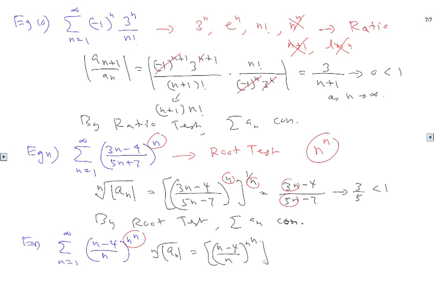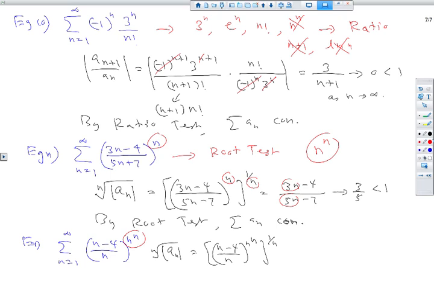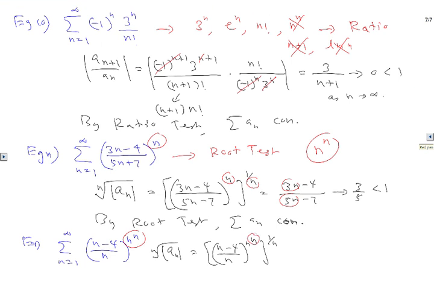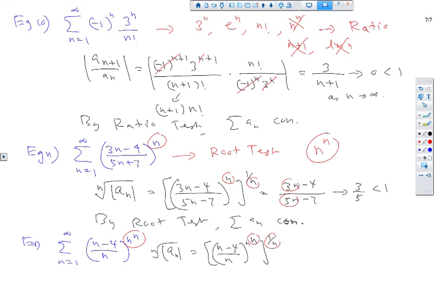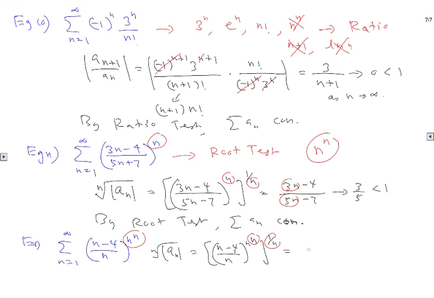So you're going to get ((n minus 4) over n)^n to the 1 over n. The outer one gets cancelled, so you end up with (n minus 4) over n. Then we can write this as (1 minus 4 over n)^n. We know that this is one of the limits.